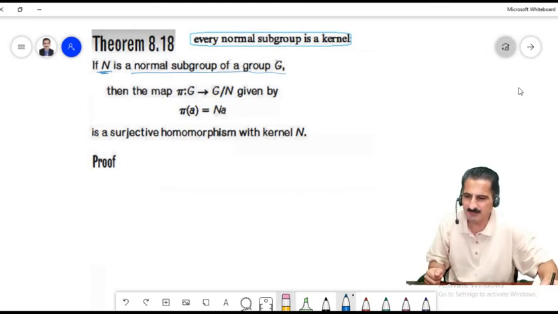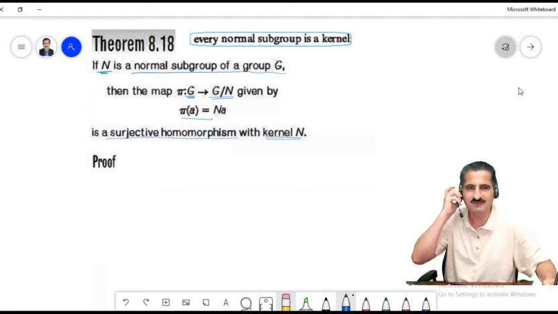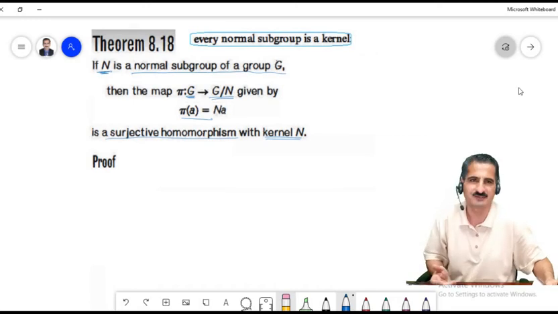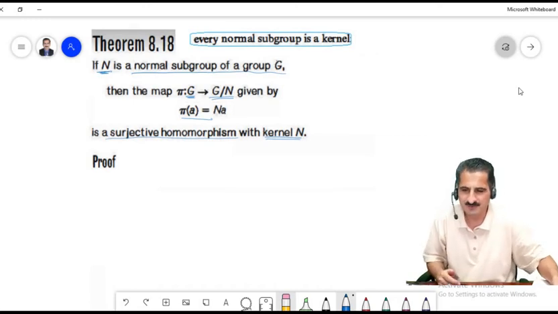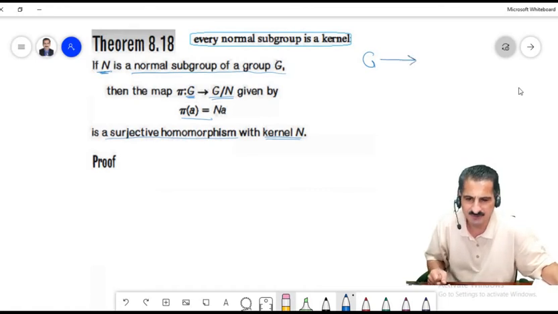Then we define a map from G to G factor N, the quotient group. This map is surjective and the kernel of this map is N. This looks very trivial, like we are cheating ourselves. What we are doing here is sending G to G over N. This is the map phi.